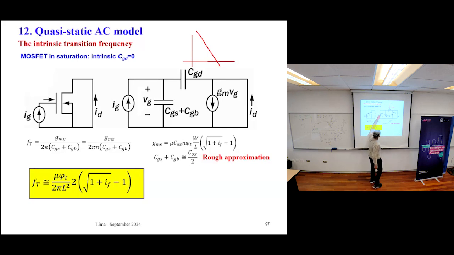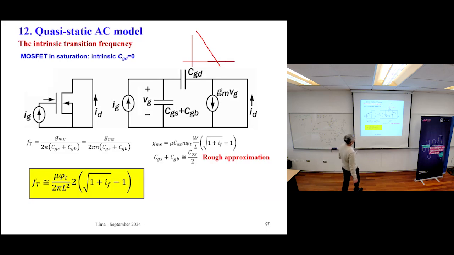This IG is divided here. Part of it comes to this capacitor, and part comes to this one. Okay. For practical purposes, let's assume that in saturation, this CGD is negligible. This is not true, but the analysis doesn't change too much.